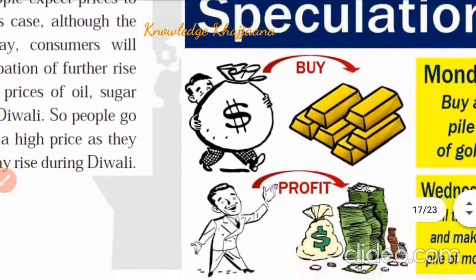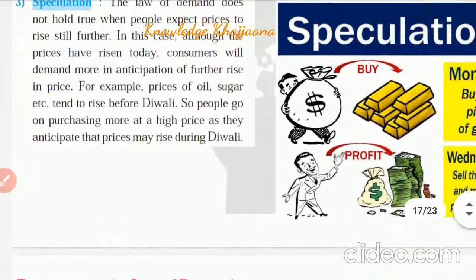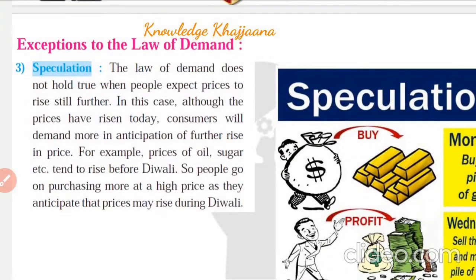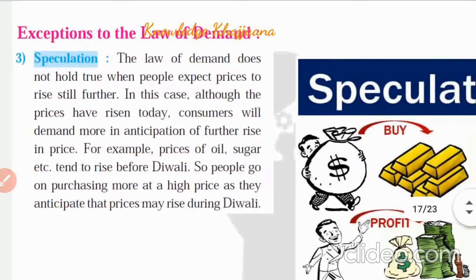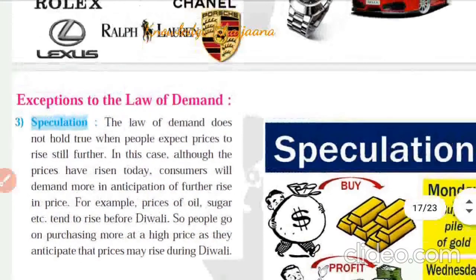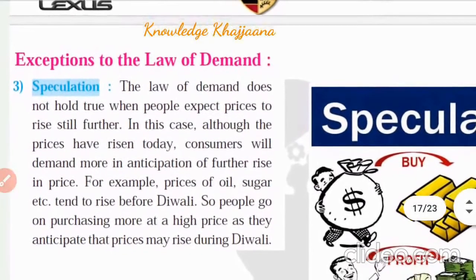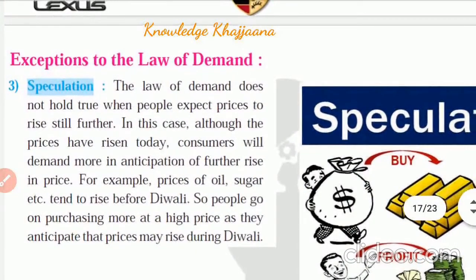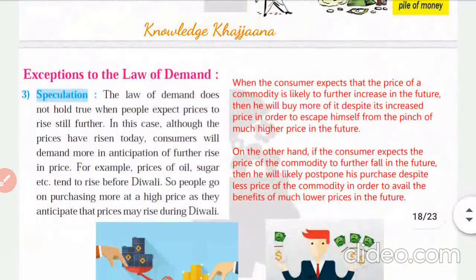Because he speculated. What is meant by speculation? Assumptions regarding the future, or some calculations, and behaving according to those calculations is called speculation. Which calculations? That something will happen in the future.